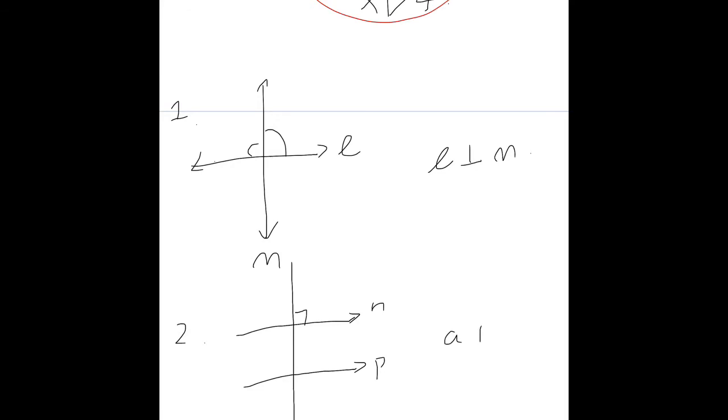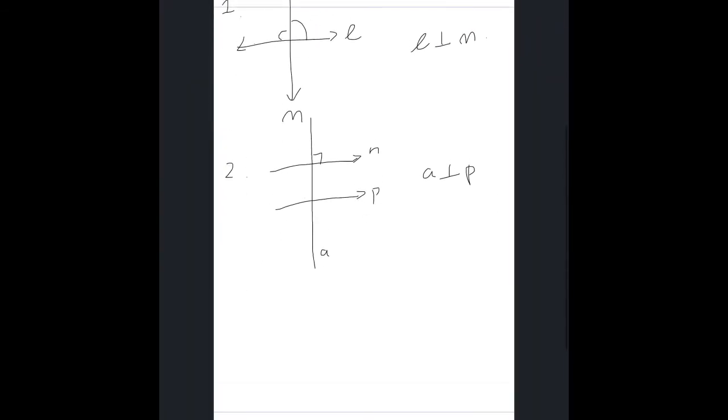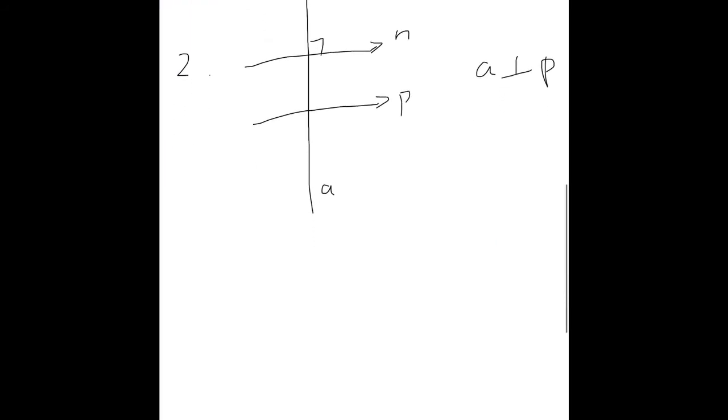A is perpendicular to P. Because in a plane, if a transversal is perpendicular to one of two parallel lines, then it is perpendicular to the other line. It is option 2.